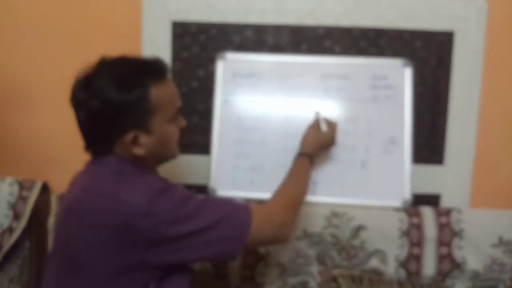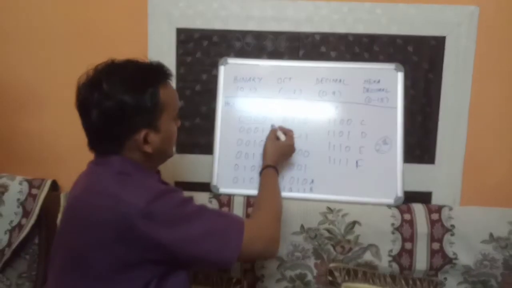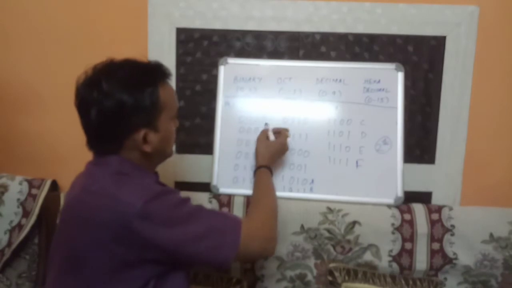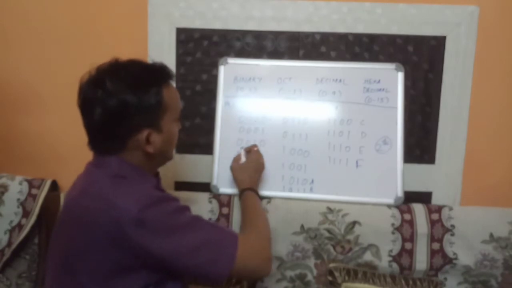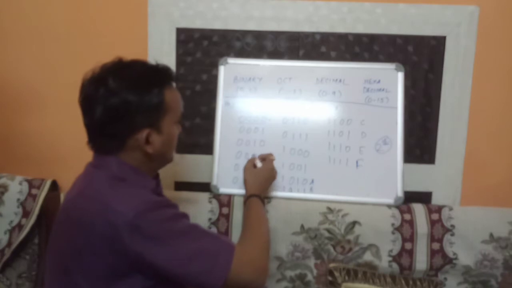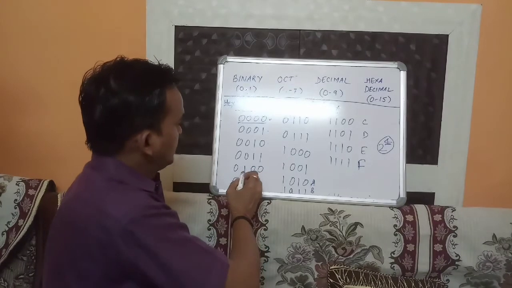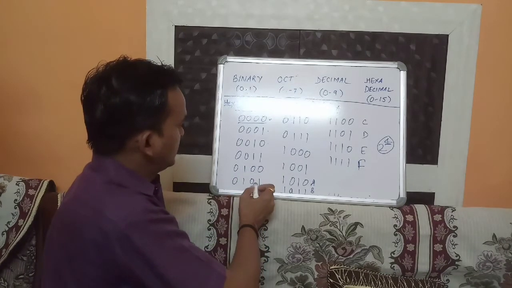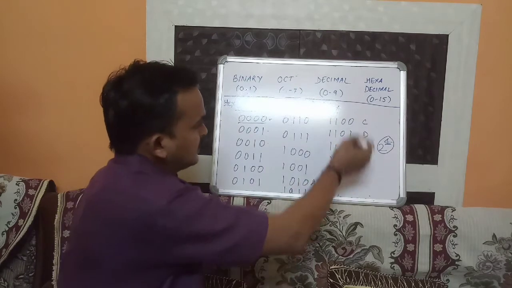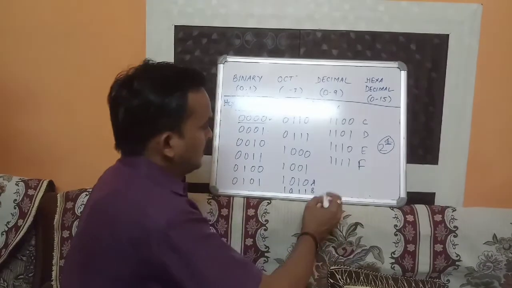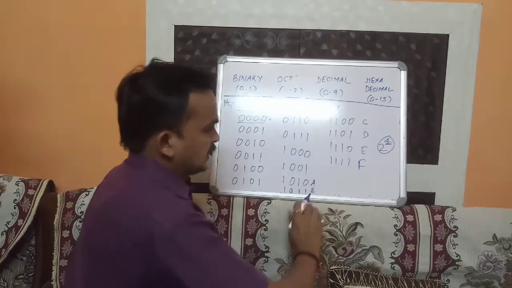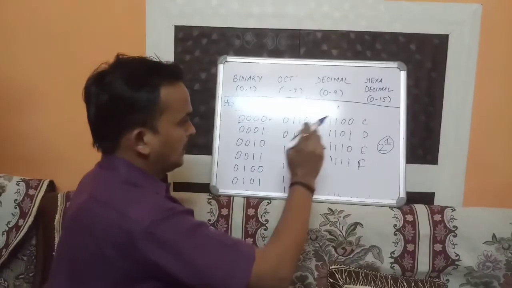So the possible combination of 4 digits in hexadecimal is 0 0 0 0, 0 0 0 1, 0 0 1 0, 0 0 1 1, 0 1 0 0, 0 1 0 1, and likewise until complete. Here this is 16, so this is 0 to 15.